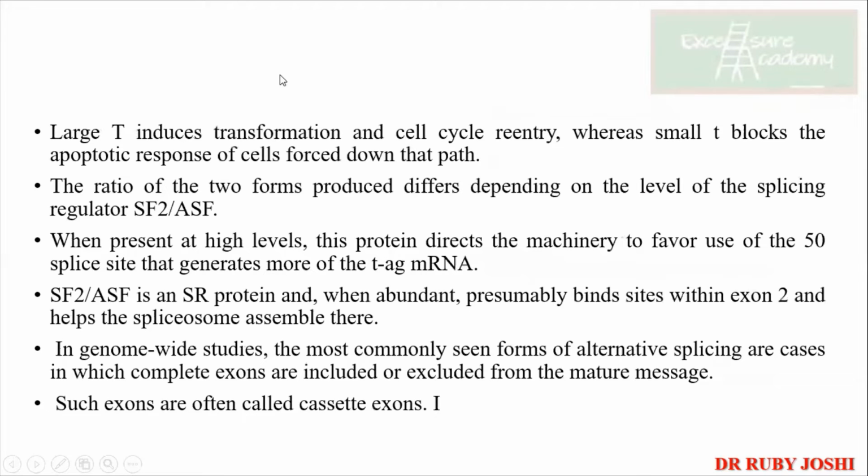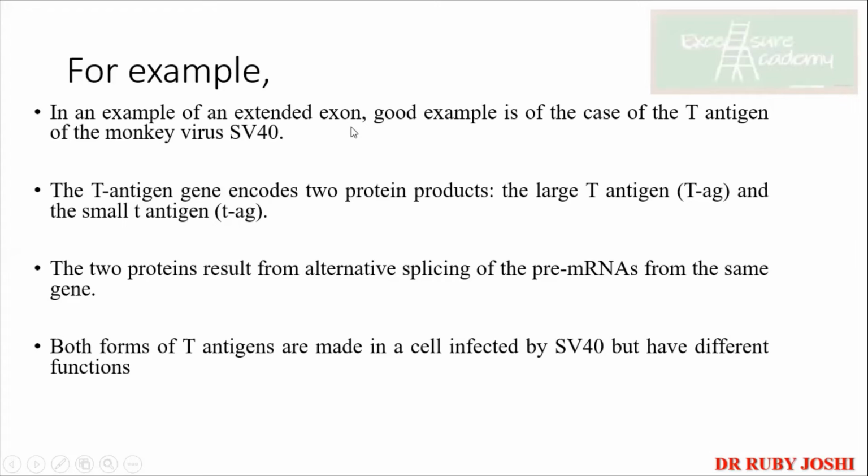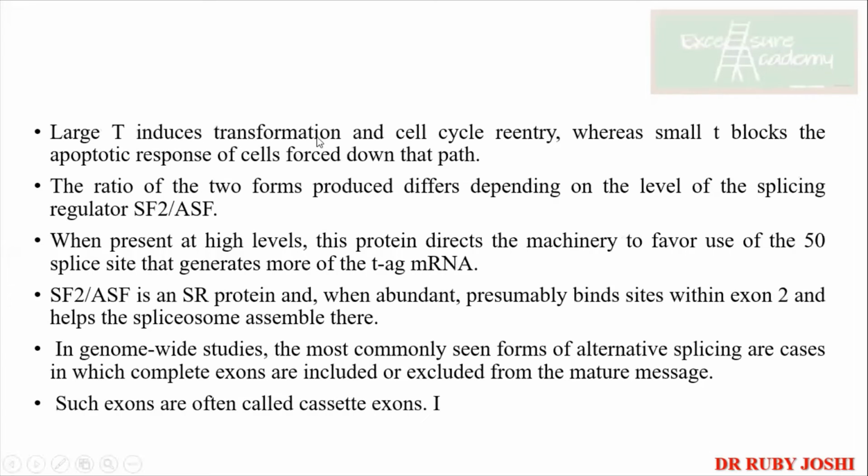Both have different functions. Large T induces transformation and cell cycle re-entry. What does that mean? If you have an infection by the large T antigen, then the cell is becoming cancerous. Now, the small t blocks the apoptotic response of the cells forced on that path.